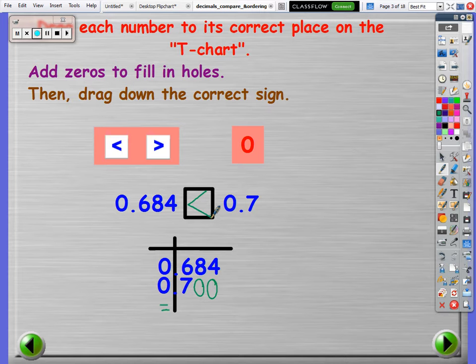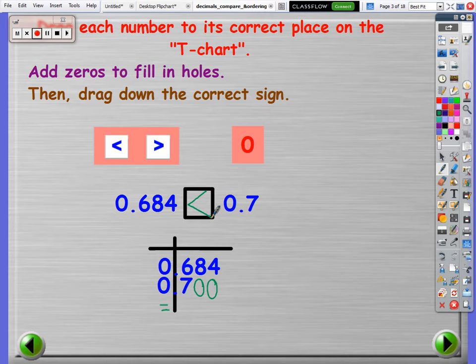Now you might be saying to yourself, wait, how can that be? This number has more digits than my 7 tenths. Well, with decimals, because it's part of a whole, the more digits you have, the smaller the pieces. Remember how we did fractions? The bigger the number, the smaller the pieces. Kind of like the same thing with decimals, because now this is thousandths.